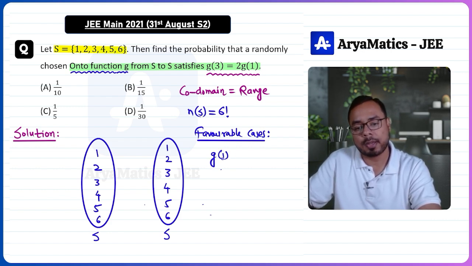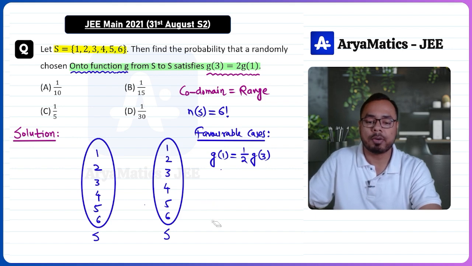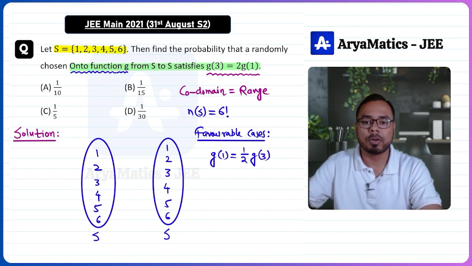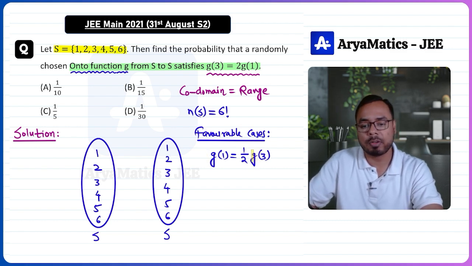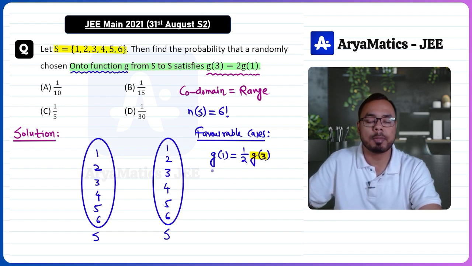The same relation you can write as g of 1 is half of g of 3. Now let us figure out how many different possibilities there are for g of 3. Because g of 1 has to be half of g of 3 and all of these are integers only, g of 1 will be an integer.